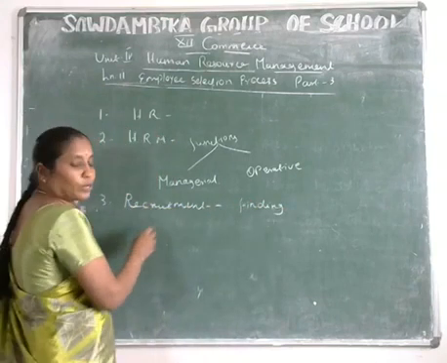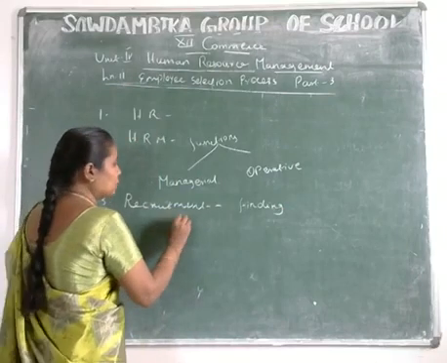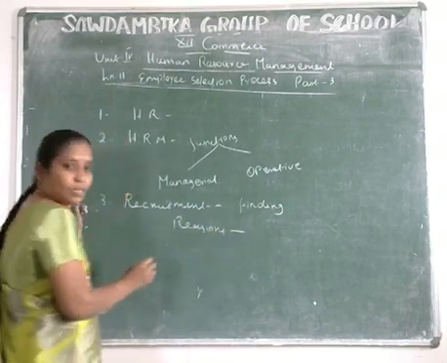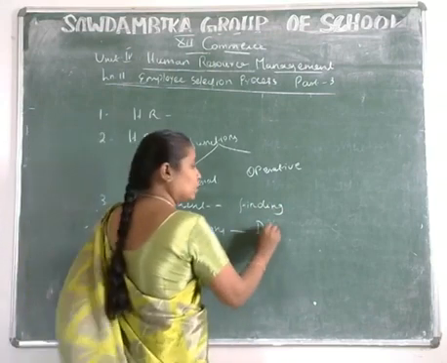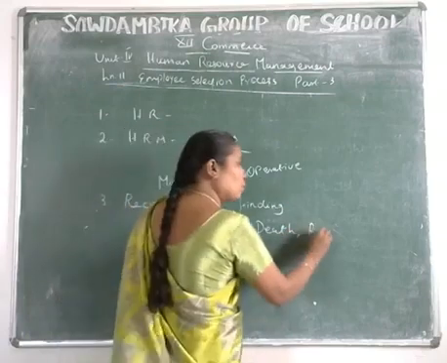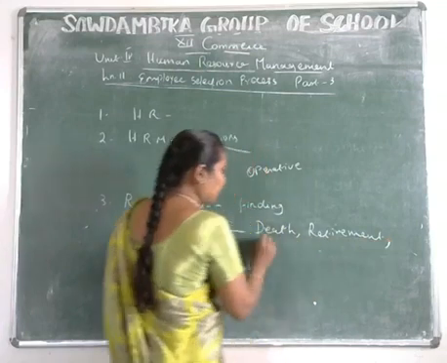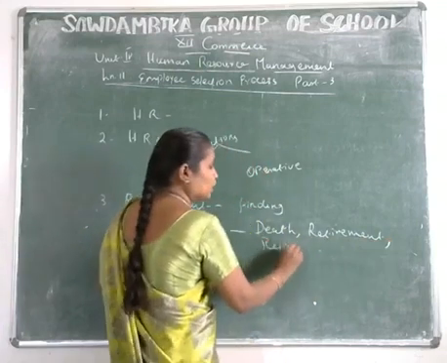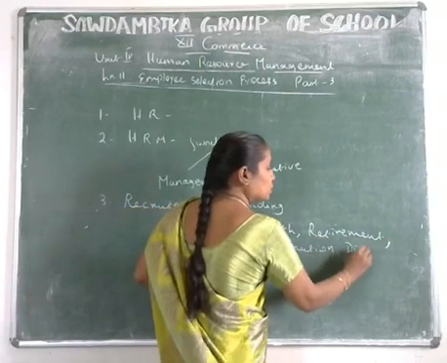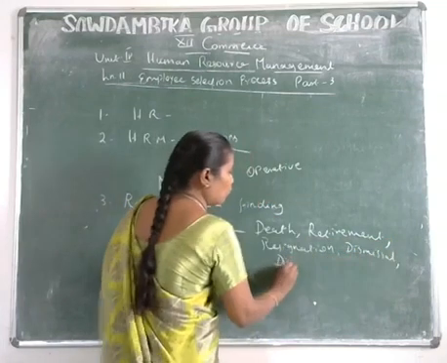What are the reasons for recruitment? They are the death of an employee, retirement, resignation of an employee, dismissal of an employee, and disablement of an employee.